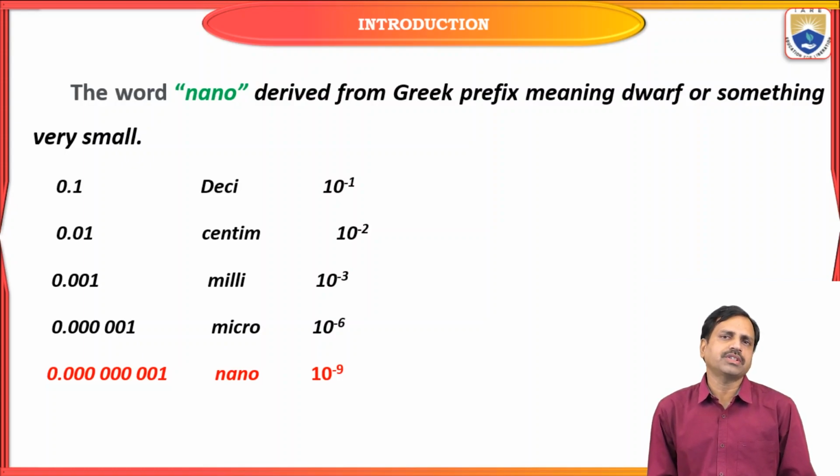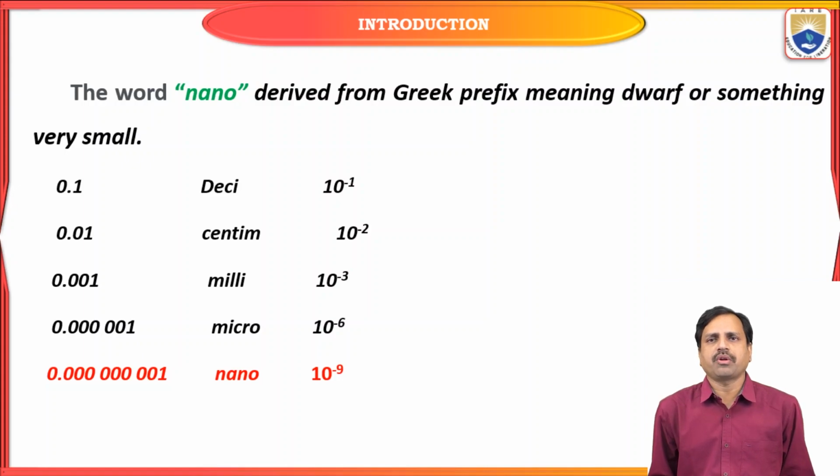Something very small means 10 to the power of minus 9. We know the terminology when talking about the size of a particle. 0.1 means 10 to the power of minus 1, which we call decimeter, and 0.01 is centimeter, 10 to the power of minus 2. 0.001 is milli, 10 to the power of minus 3. 0.000001 is micro, 10 to the power of minus 6.